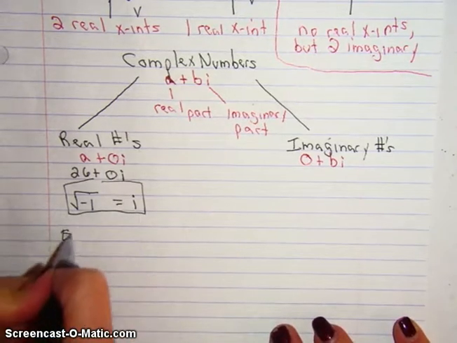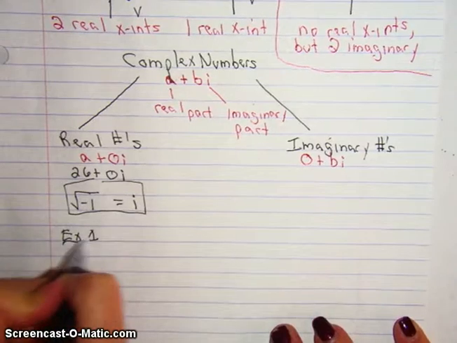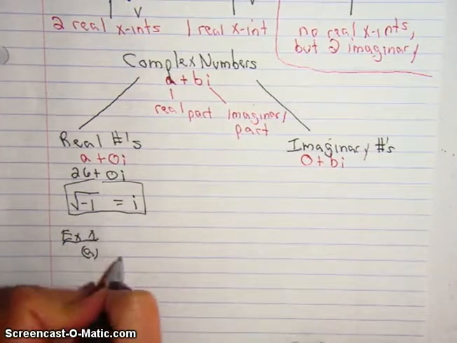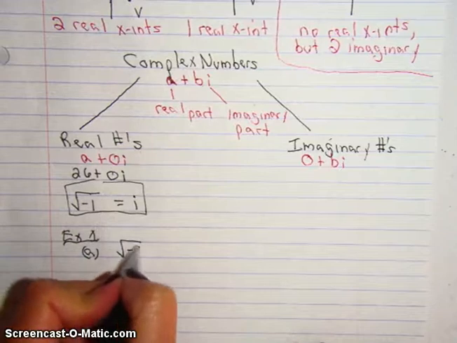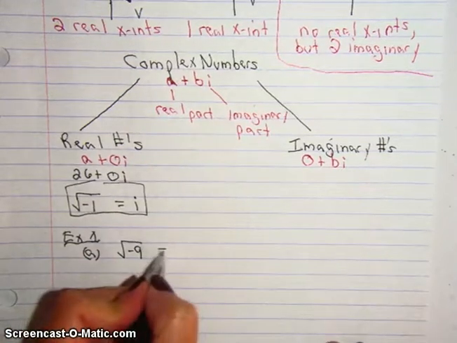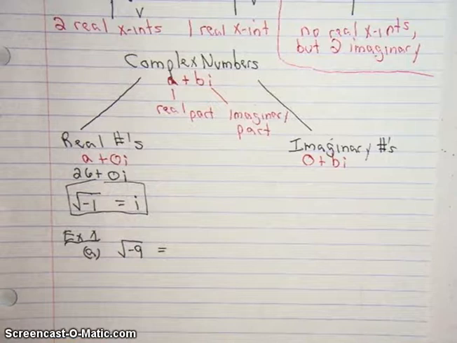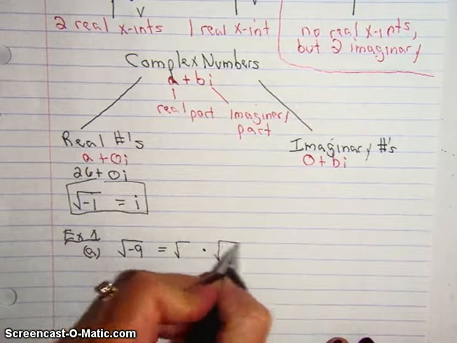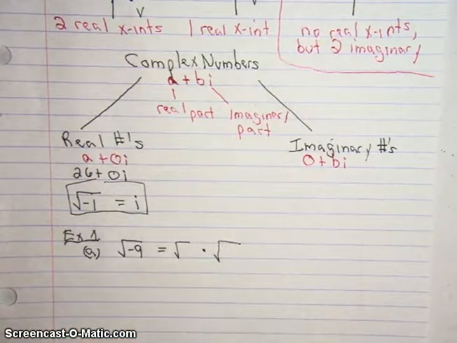So example 1, letter A. We're going to take the square root of -9 and we're going to write it eventually in complex form. So the first thing we're going to do is break up the square root into 2 separate square roots.